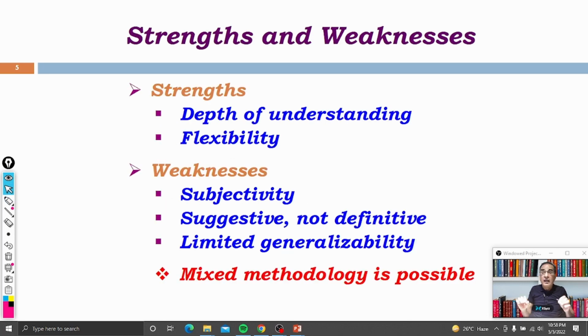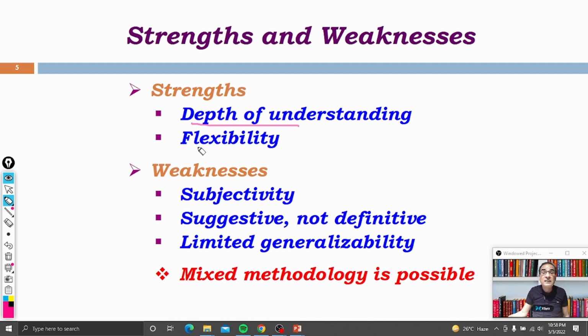Strength. Now, I would like to share the strengths and weaknesses of qualitative research. In qualitative research, we gain a depth of understanding of the phenomena. For example, if we would like to observe different methods in the classroom, we try to understand what is going to happen in the classroom.